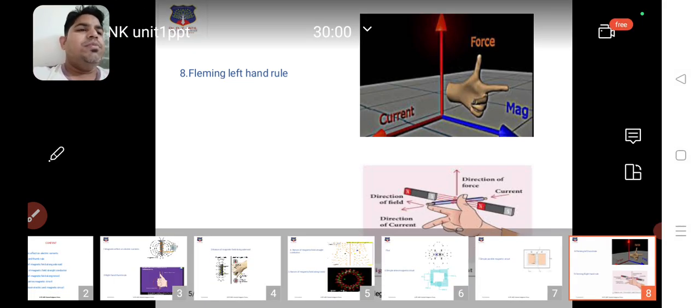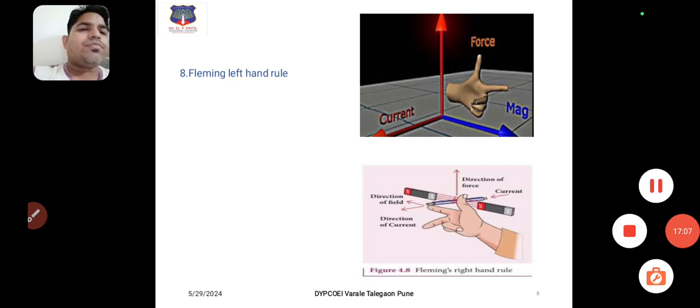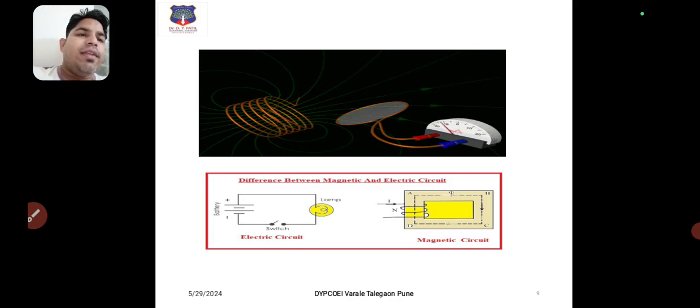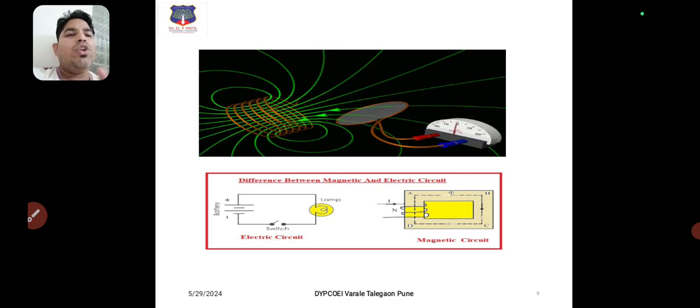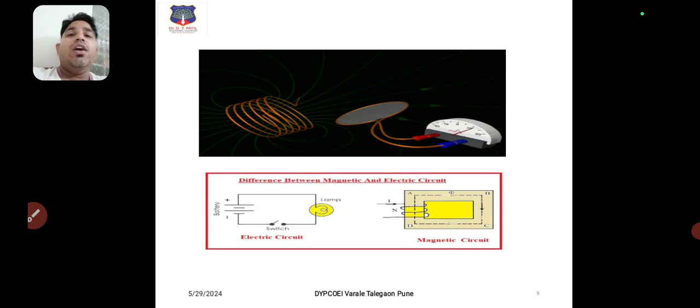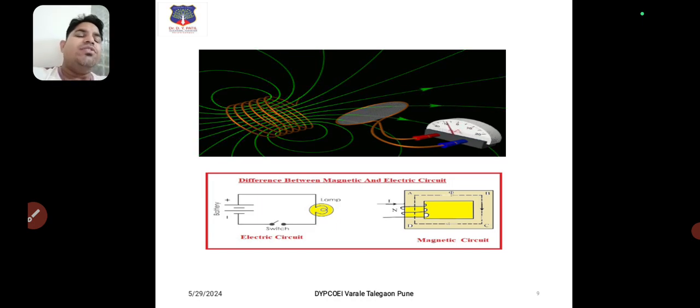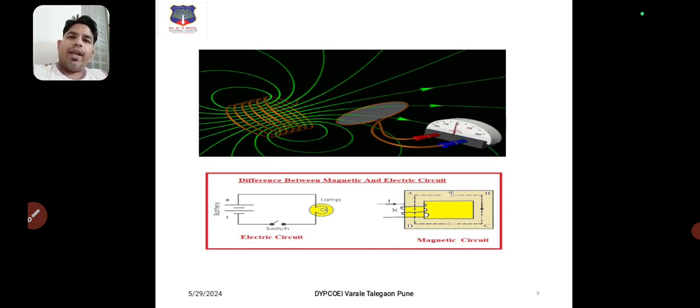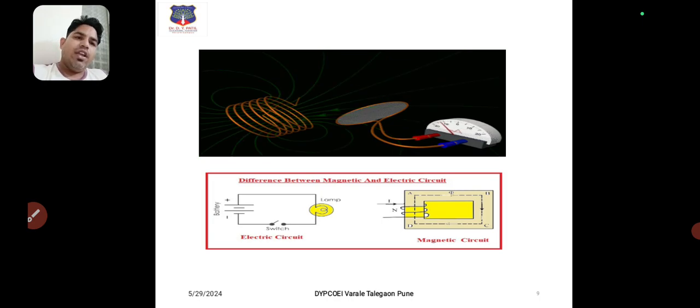These are very simple rules. Now, the comparison between the electric circuit and the magnetic circuit. Here is the electromotive force, there is the magnetomotive force. Here we consider charge, there we always consider flux. Here we consider the magnetic field, there we consider the electric field.